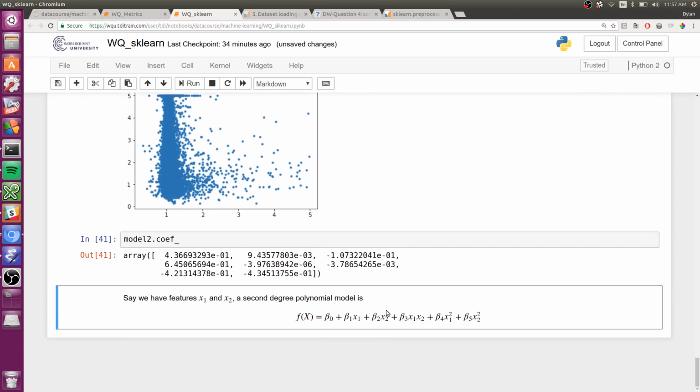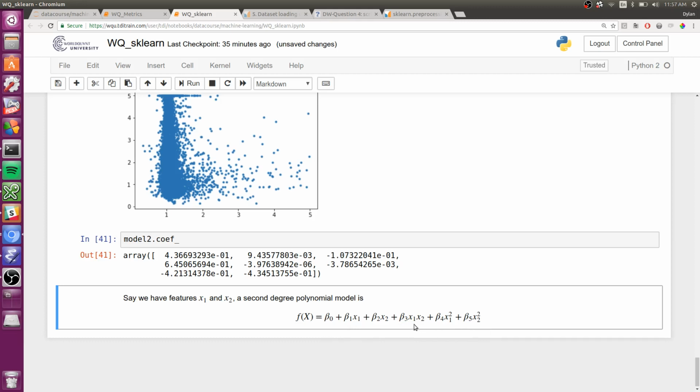And you can see here, in this model we have polynomial combinations of the features, but the model is linear in the coefficients. The coefficients are not raised to any powers.